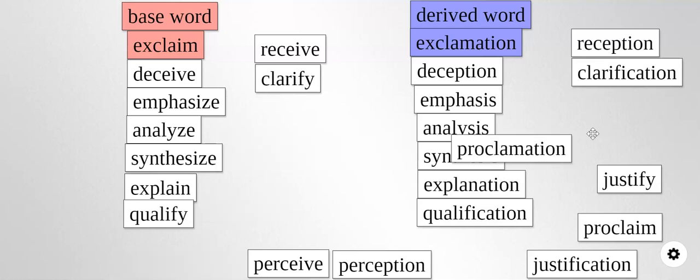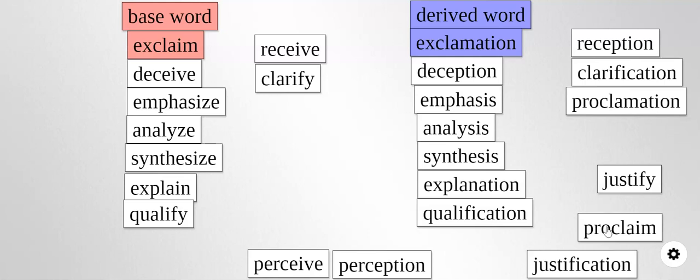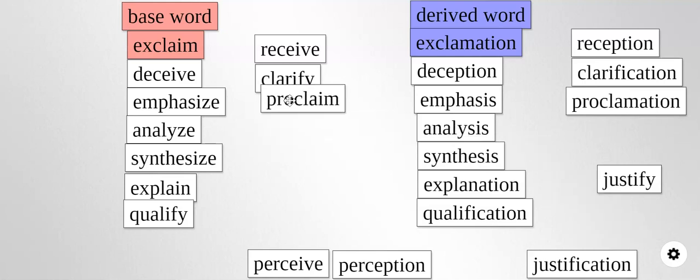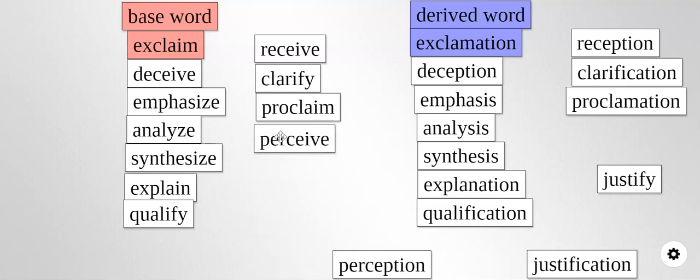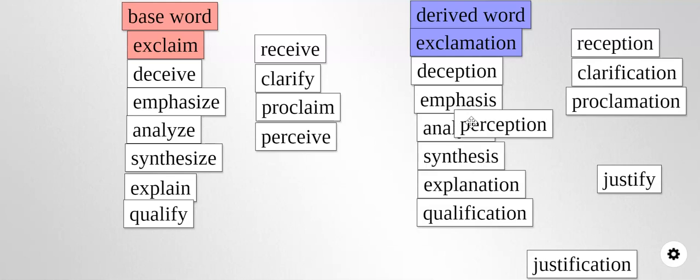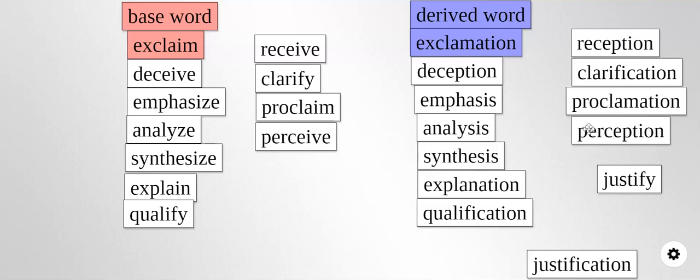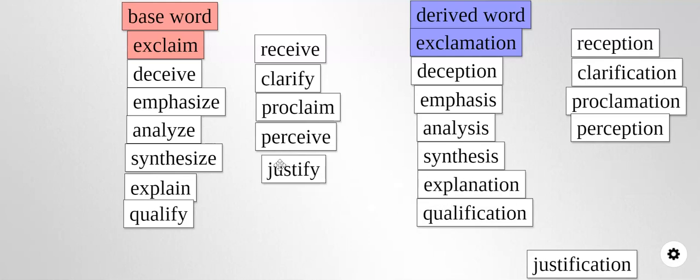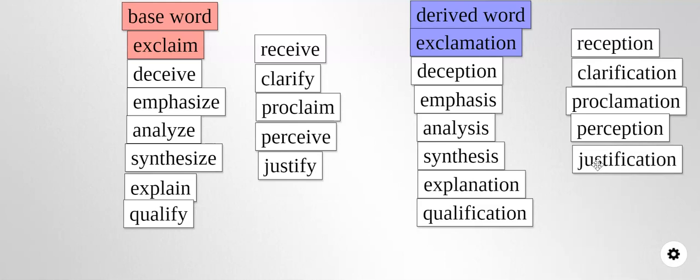Proclamation is a derived word coming from the word proclaim. Perceive is a base word, and that can be changed into the word perception. And last, justify is a base word, and that can get turned into justification.